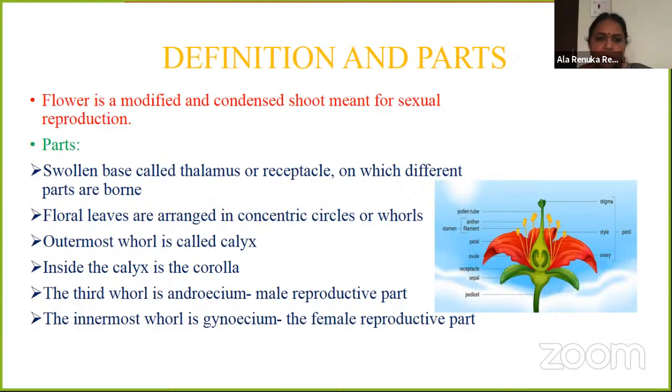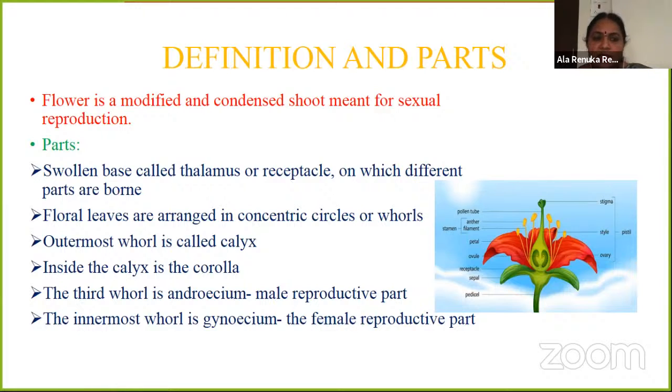The floral leaves are arranged in concentric circles, one inside the other, which are called whorls. They are arranged in 4 different whorls. 4 different whorls means not definitely 4 circles, but 4 in number. There are 4 different parts.